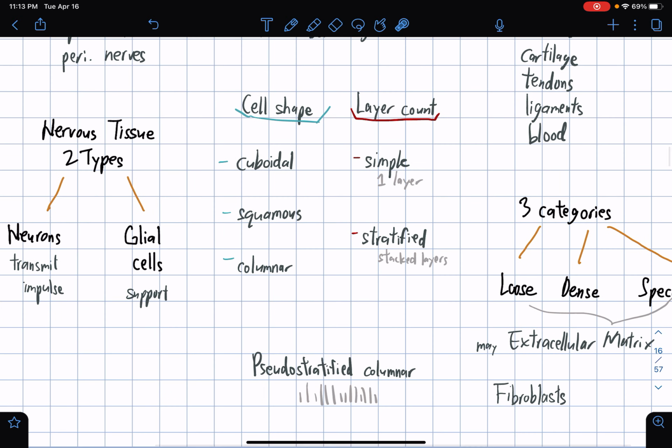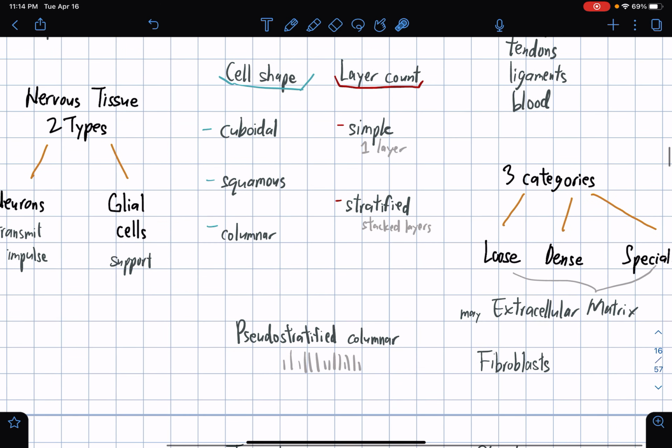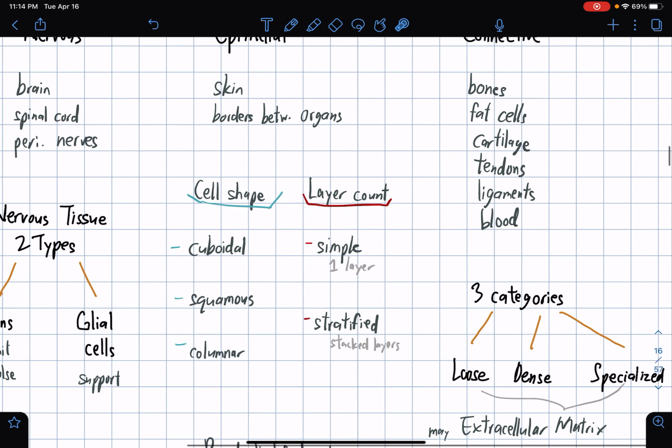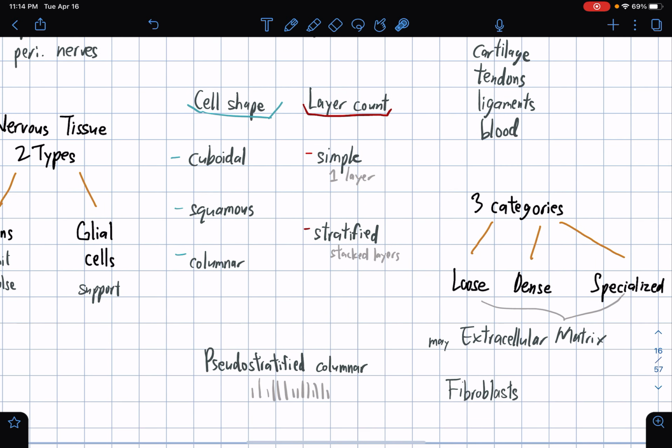Sometimes we have a term called pseudostratified. From the prefix pseudo, it's false. It may appear stratified, but it's actually not. So that example applies to this specific kind of epithelial tissue, pseudostratified columnar.